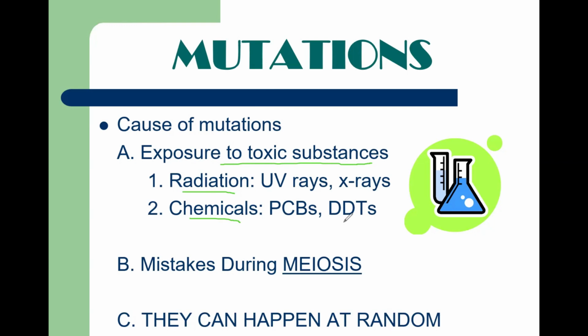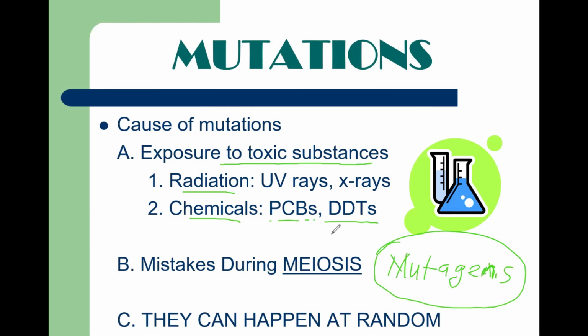Any substance that has the potential to cause mutation in the DNA of any organism is called a mutagen. So here the PCBs and DDTs are examples of mutagens.